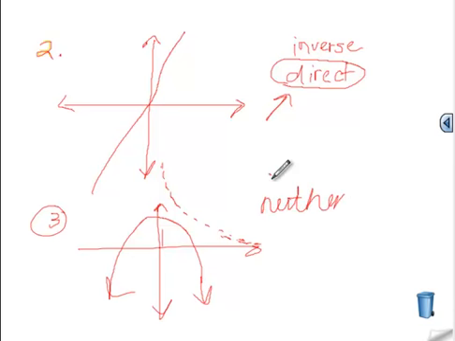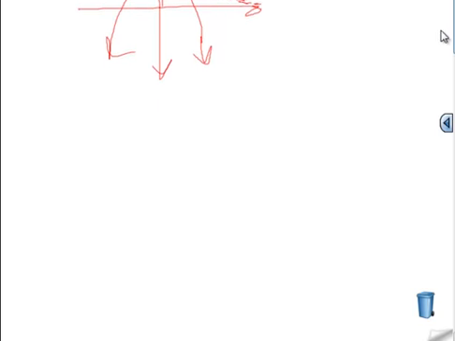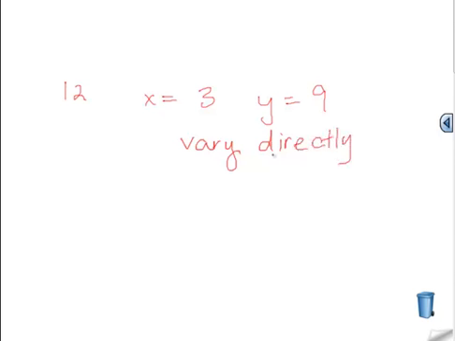All right, the next problem that I'm going to do is number 12. They give you two variables, x is 3 and y is 9, and they say that the variables x and y vary directly. So keep in mind what directly means.